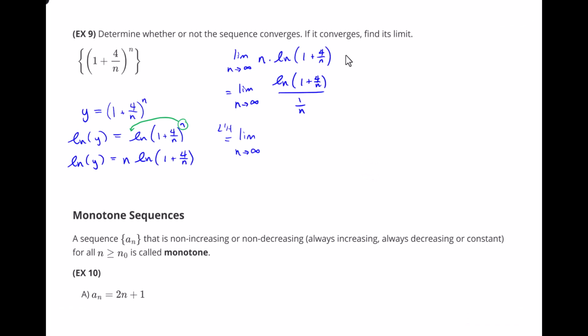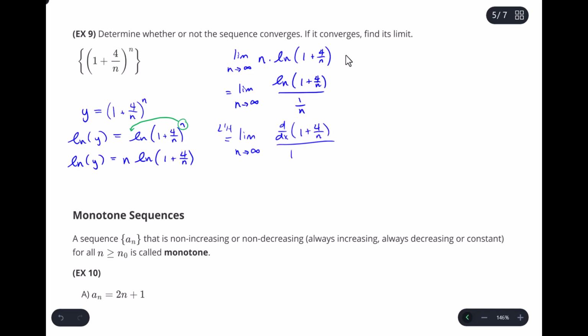Now, the derivative of the numerator, whenever we differentiate a logarithm, we take the derivative of the argument, which I'll do in a second, divided by the original argument itself. And then that's going to be over the derivative of the denominator.